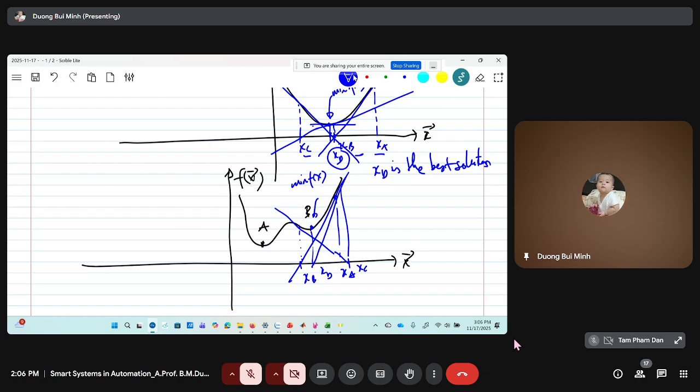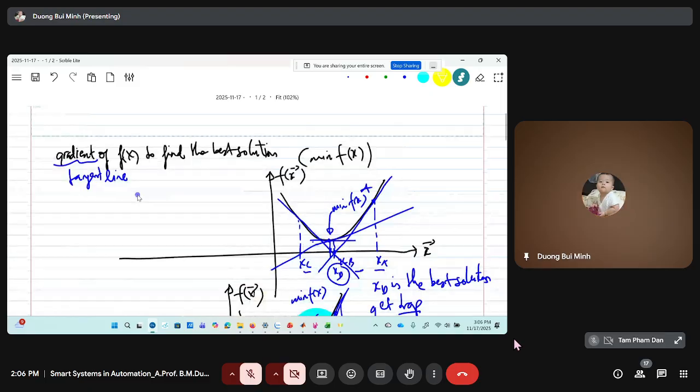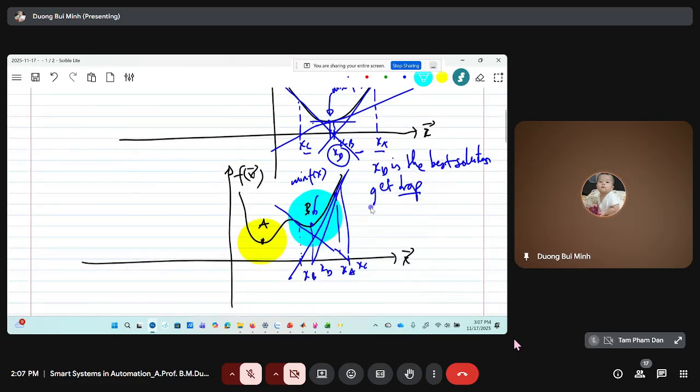You are wrong, because you get a trap. Actually, the minimum should be here. So this is the disadvantage of gradient: you get trapped. You conclude that B is the minimum point, but that is not good.